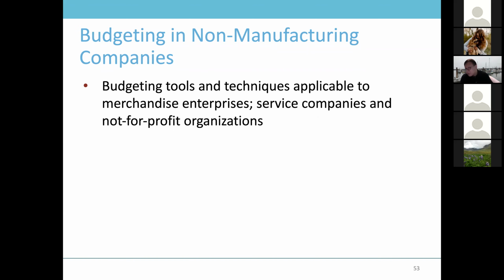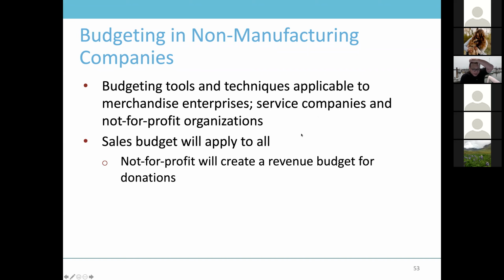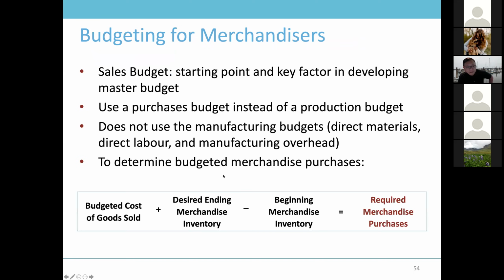Their objective is not to make money, right? So the sales budget will apply to all of these other organizations. But the difference is for the not-for-profit organization, they will create a revenue budget for donation. The donation is a big part for the not-for-profit, okay?